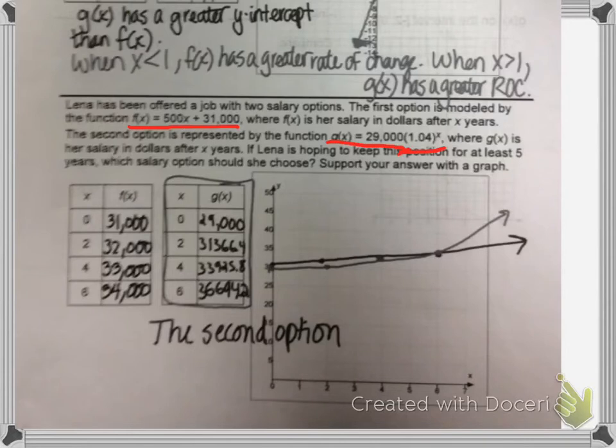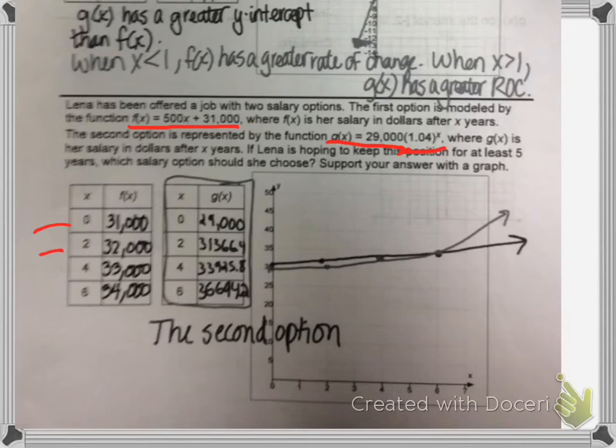Lena is hoping to keep this position for at least 5 years. Which salary option would be the one she needs to choose? Support your answer. So right here we notice we start off at 31,000 for our linear, and we get an additional $500 every year.